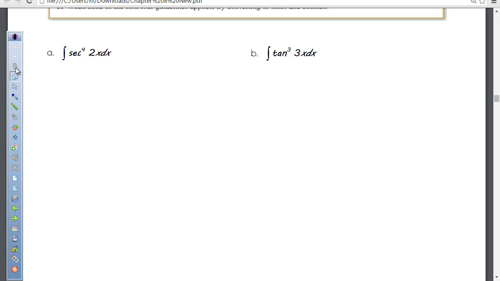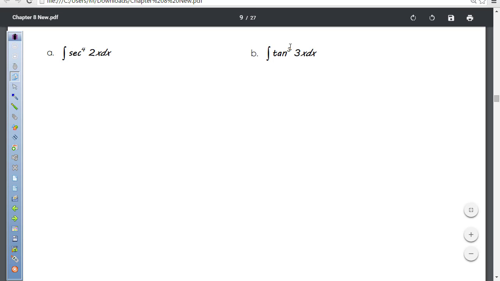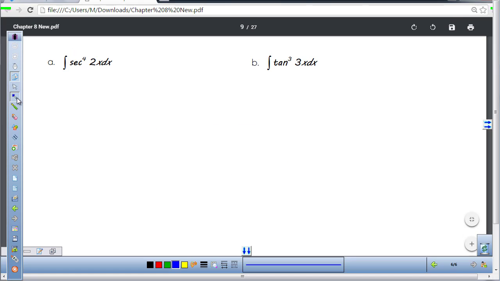Looks like I might have changed this in my notes. And let's change this to a 6. Okay, change that to a 6.